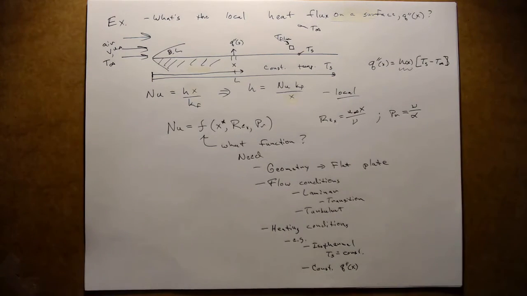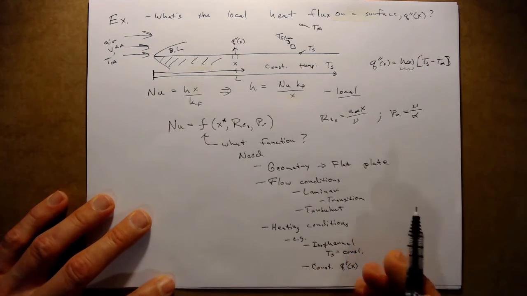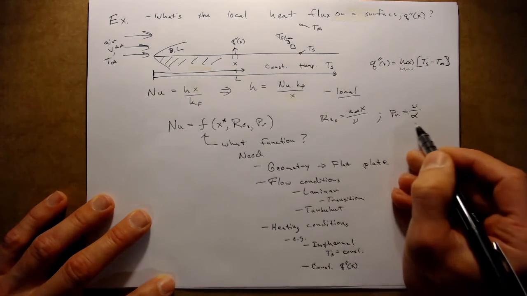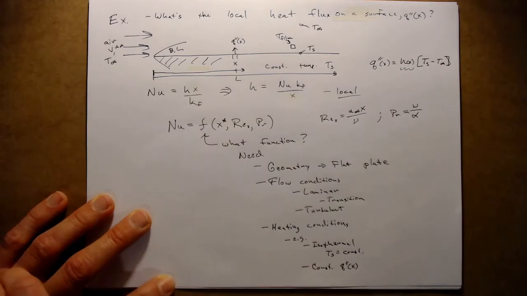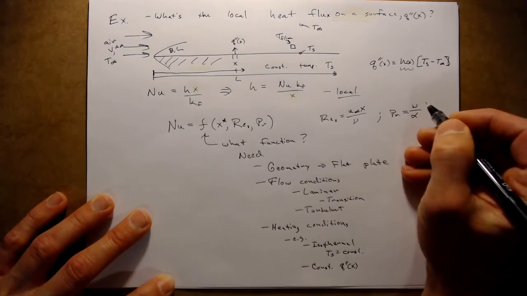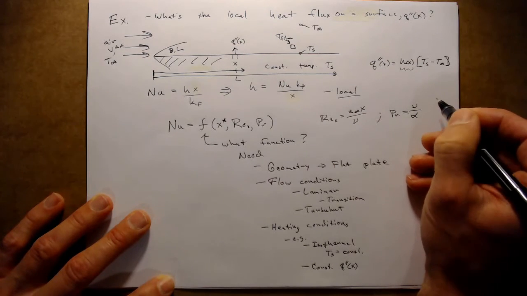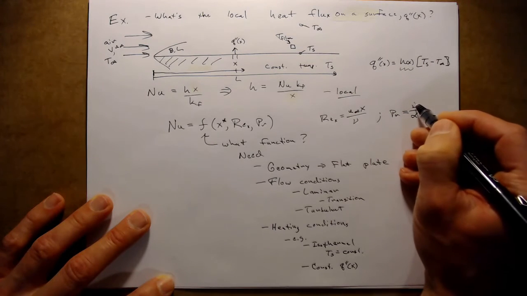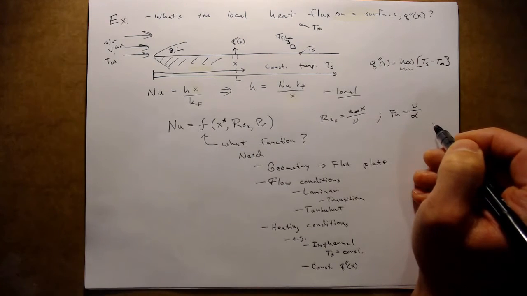One important thing I want to mention here is we've got to evaluate the properties of the fluid at a location or at the situation that we're interested in. And so that's going to lead to an interesting question. Namely, these properties tend to depend, particularly viscosity depends very strongly on temperature of many fluids, particularly liquids.